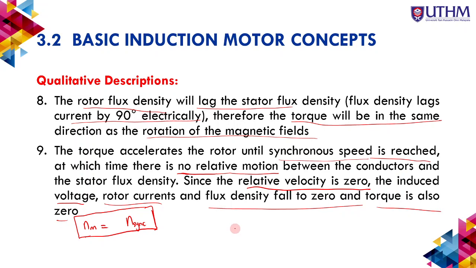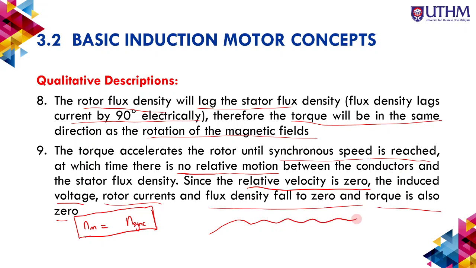So what happens? It's like stability. When it reaches maximum, the current and voltage all stop. The motor will start to slow down. And once there is relative motion again, it will go up again. So like this.